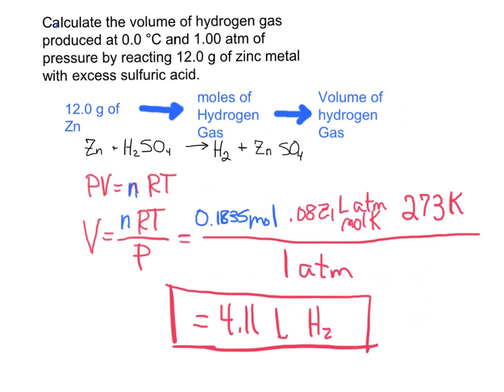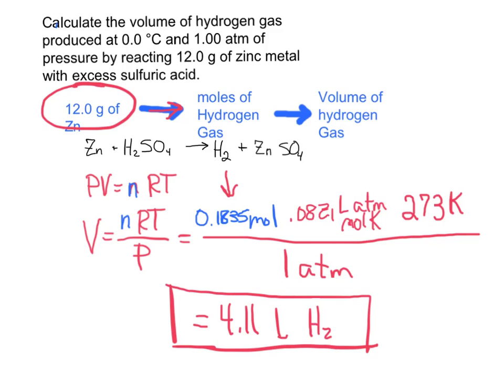So in the previous slide, we came up with this plan that we were going to take the 12 grams of zinc and find out how many moles of hydrogen that would produce. And we found that that was 0.1835 moles.